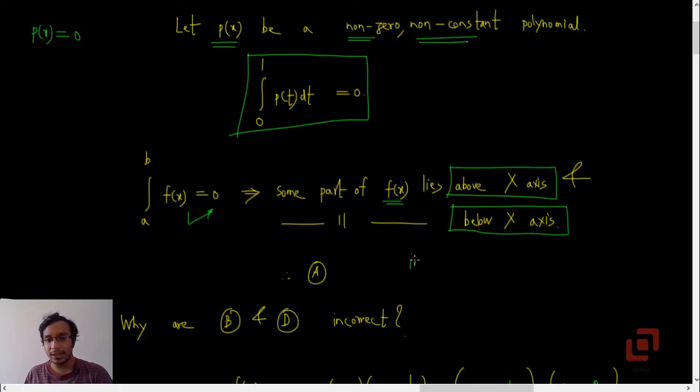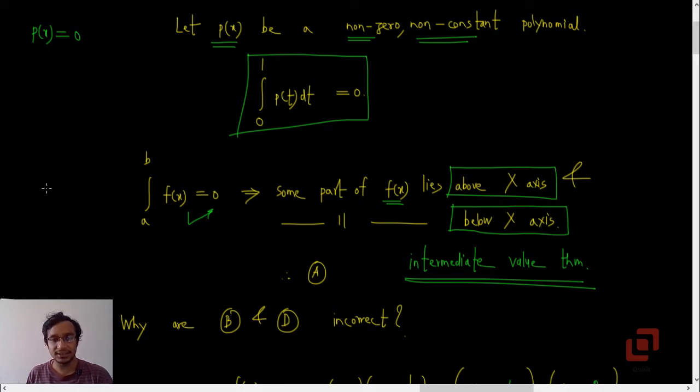So by the intermediate value theorem, because the function is continuous, it must intersect the x-axis at least once, isn't it?